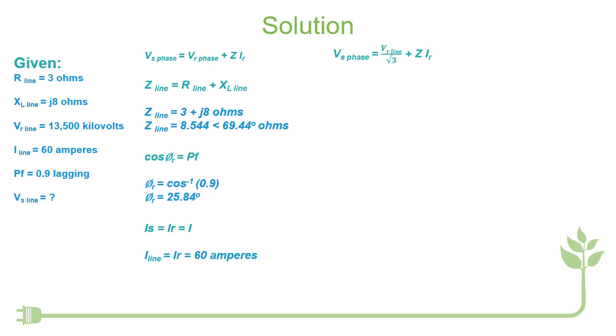We all know that the voltage receiving end phase equals VR at the receiving end line to line all over square root of 3. By substituting it, we will have the formula: voltage sending phase equals voltage receiving end line to line all over square root of 3 plus the multiplication of impedance and the current of the line.